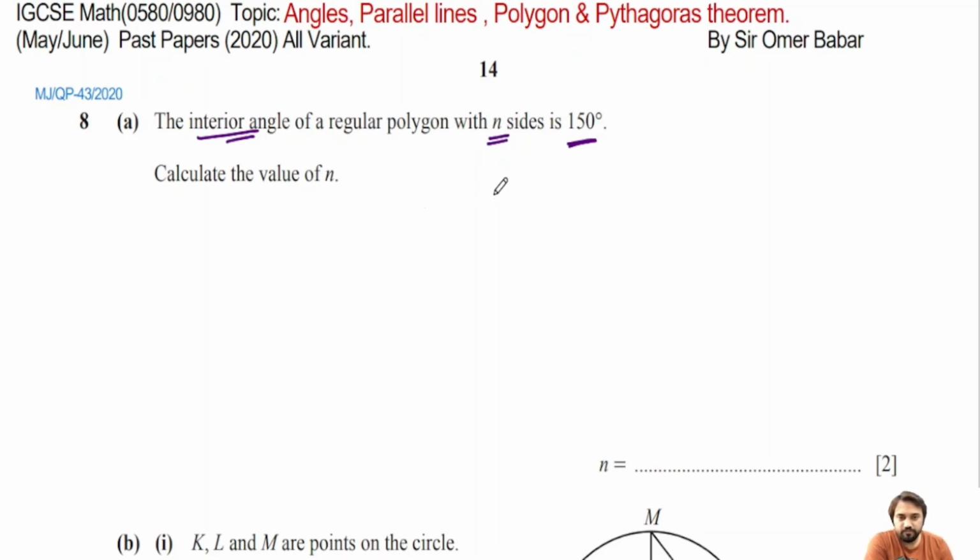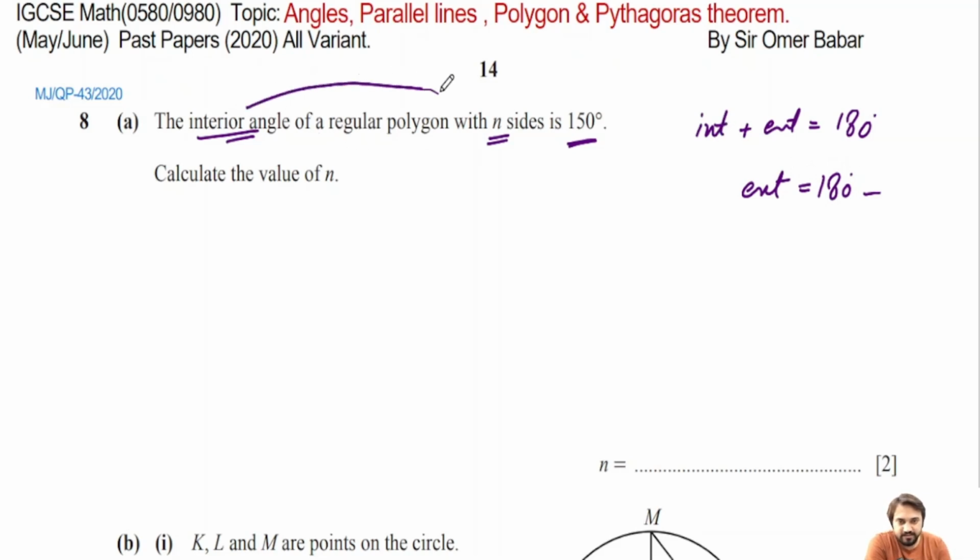In order to do that, we need the exterior angle. So by using this equation, interior angle plus exterior angle is equal to 180 degrees, we are going to calculate one exterior angle. So exterior angle is equal to 180 minus interior, and the interior angle is given, that is 150. So 180 minus 150, that's going to be 30 degrees. So one exterior angle is 30 degrees.